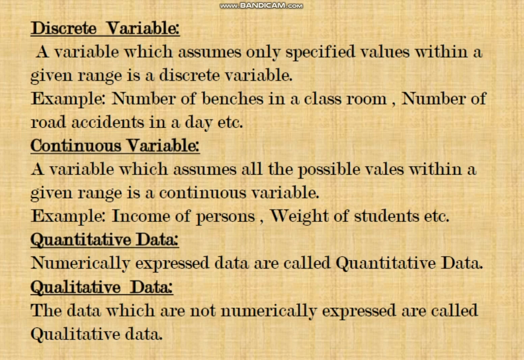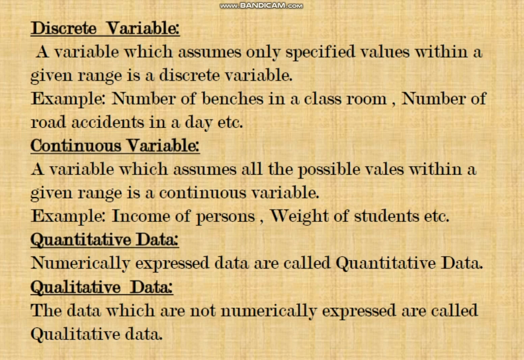Or weight of the students. Weight is a variable here, but weight does not change in exact steps. If you are 61 kg, the next weight will not necessarily be 62 kg. No, you can be 61, 61.1, 62.3, 64.6, anything. Again the fractional or decimal values are involved here.